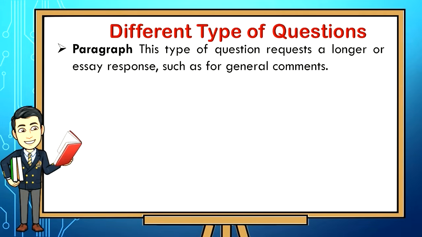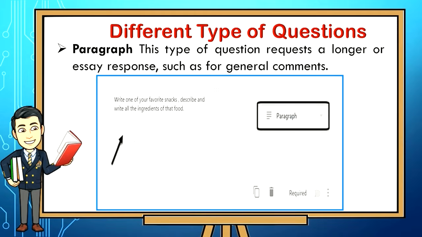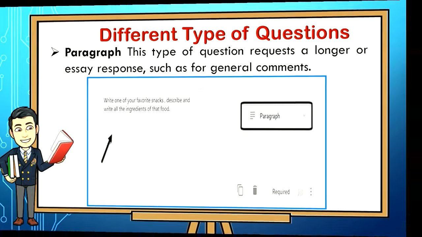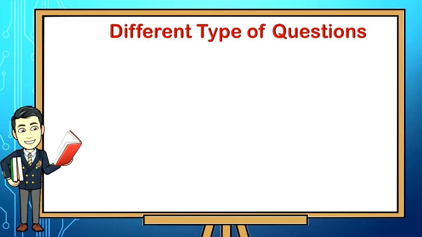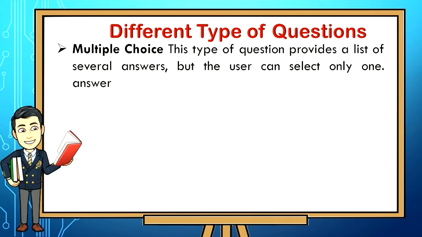This type of question requests a longer or essay response, such as for general comments. 3. Multiple choice. This type of question provides a list of several answers, but the user can select only one answer.